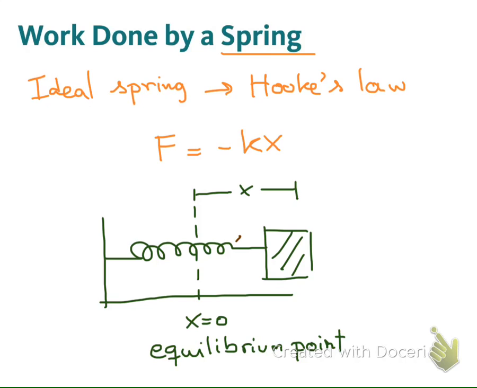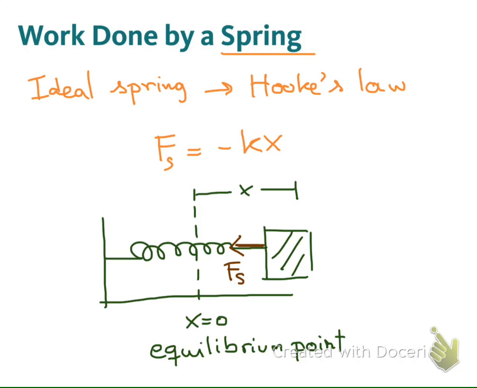We can see that the force is proportional to the distance of the object from the equilibrium point, and the direction of the force from the spring is opposite to the direction of the displacement.